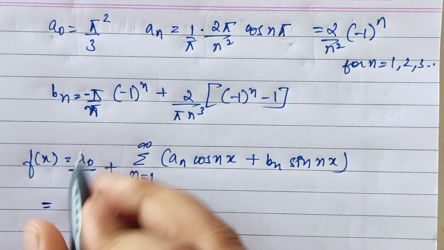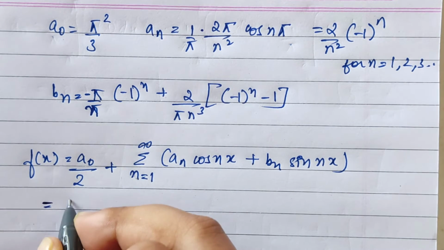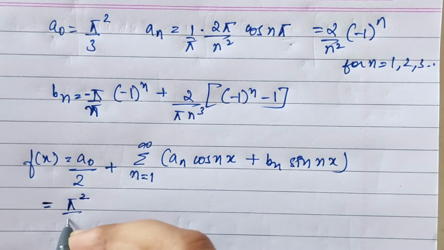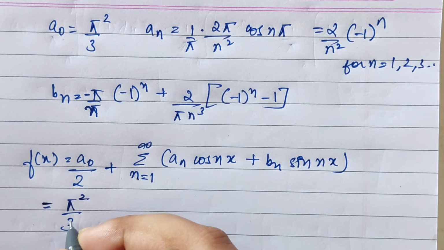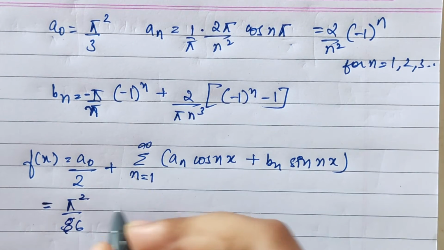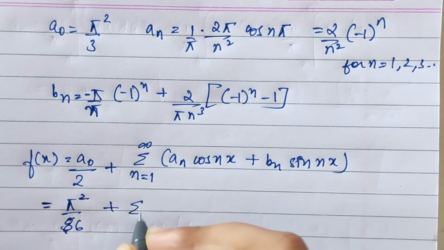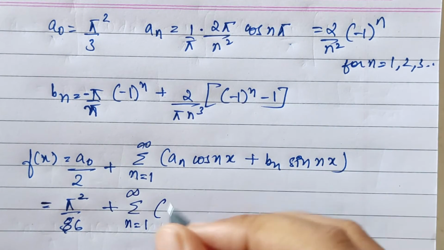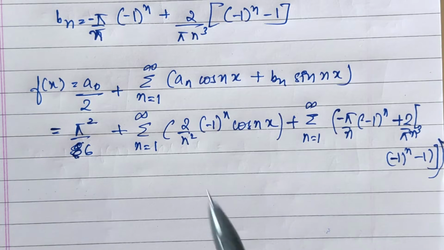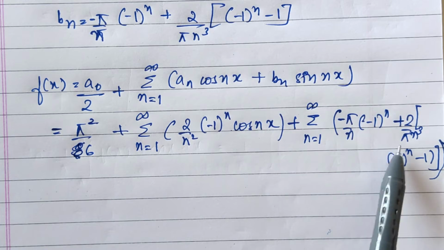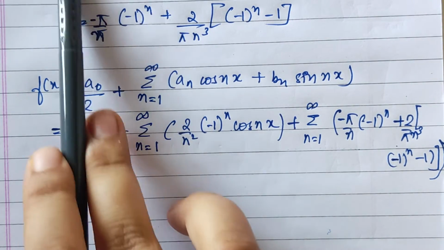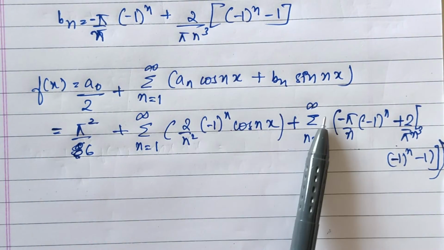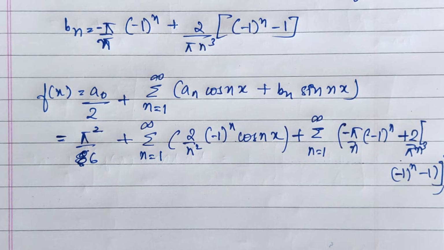So from there we get pi square by 3. 3 2s are 6, so we'll just write it directly. Plus summation of n is equal to 1. So after substituting an and bn, we get this. It's just directly substituting whatever we have found in this equation, nothing else. No further evaluation is required.